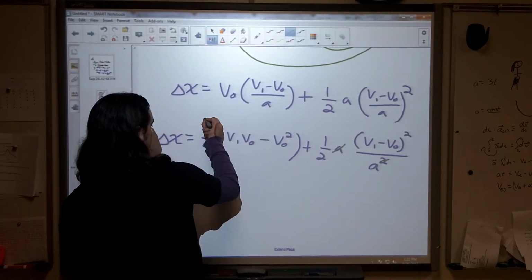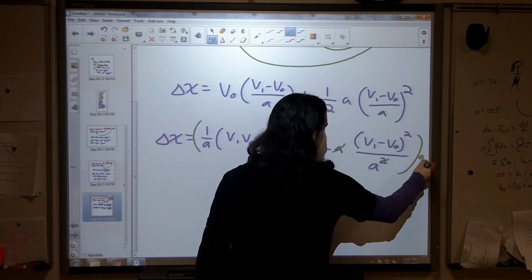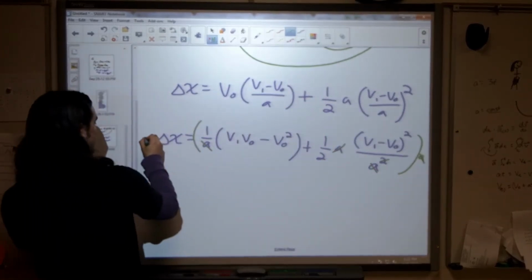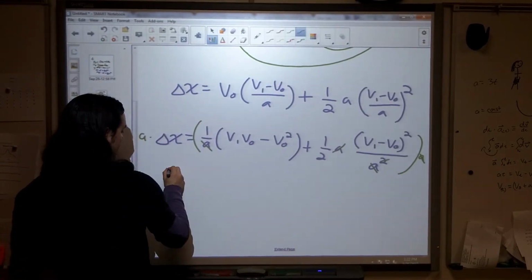Here's what I'm going to do. I'm going to multiply both sides by a. This term has a 1 over a, that term has a 1 over a, and I'm going to multiply this by a. I get the following.